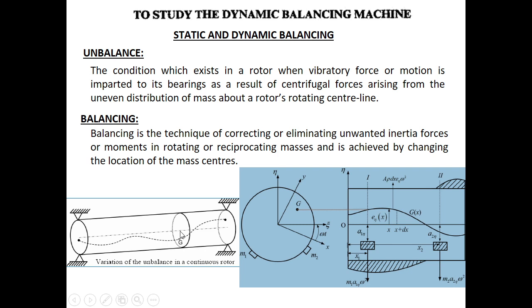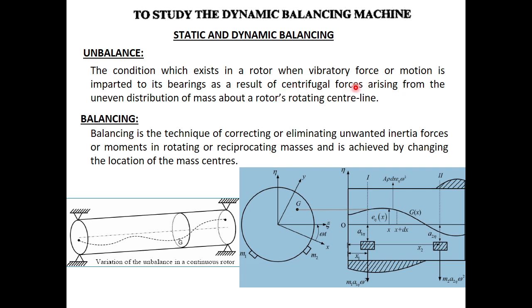There are a number of points from which the unbalanced force is coming. But say a particular rotor has a shaft and then a disc mounted on that shaft at some point. In that case, the unbalance is coming from the disc itself. We can neglect the unbalance coming from the shaft. Why is it so?